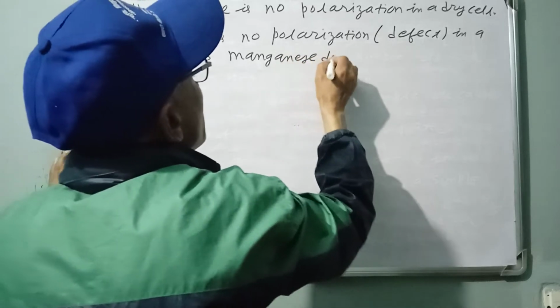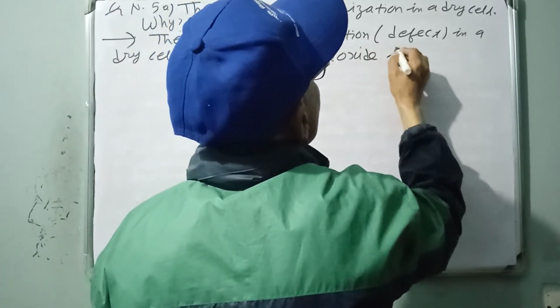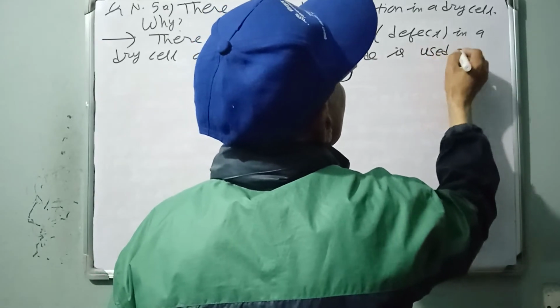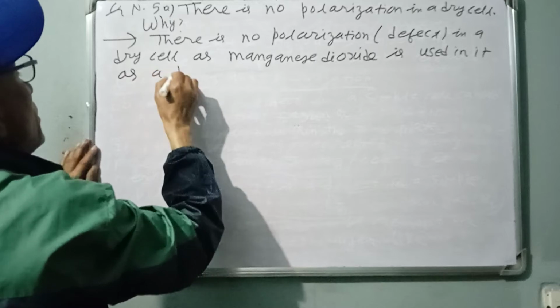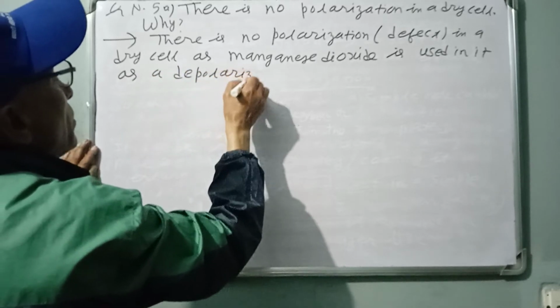There is no polarization defect in a dry cell as manganese dioxide is used in it as a depolarizer. Then what is its function? What does it do?